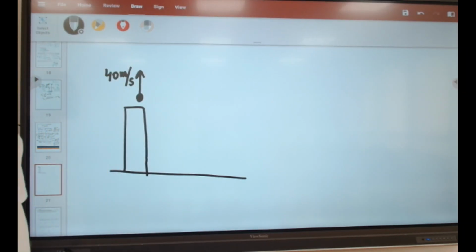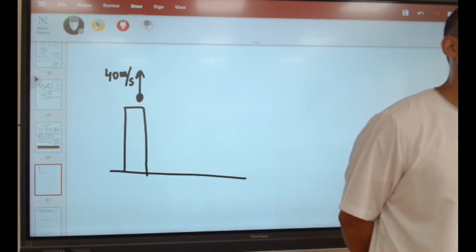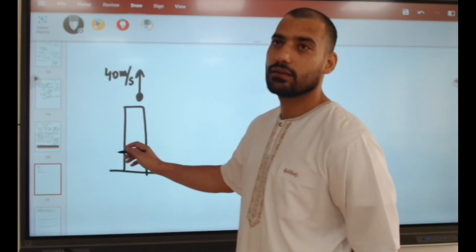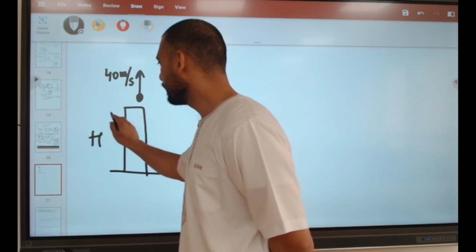If the speed on reaching the ground is what? Calculate. What do you want? I will tell you. Calculate the height of the building.